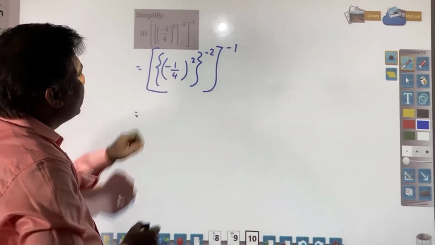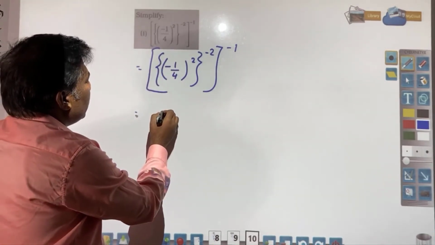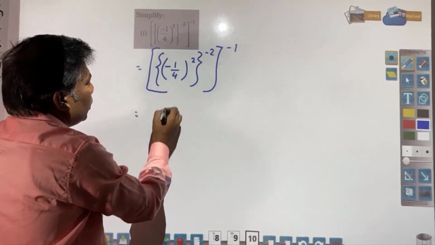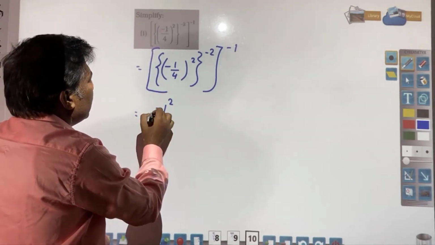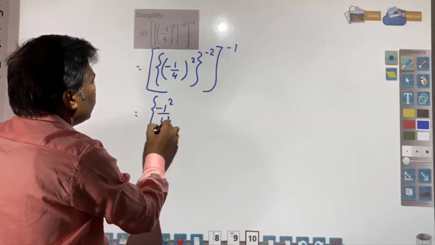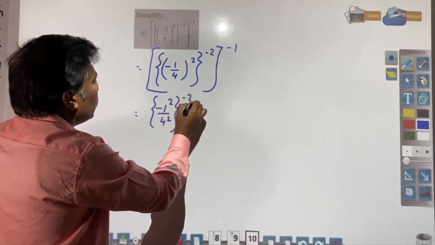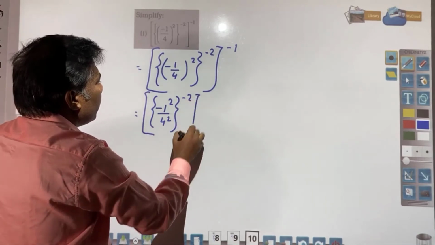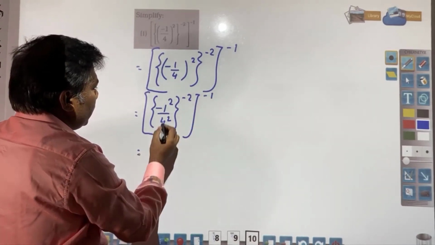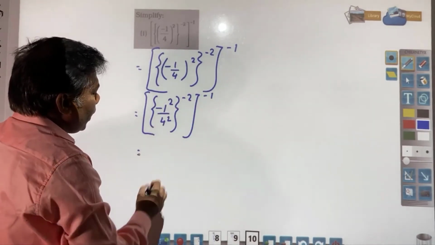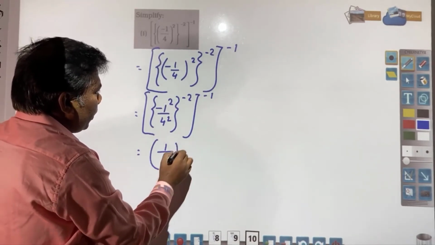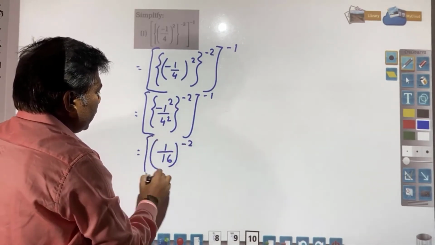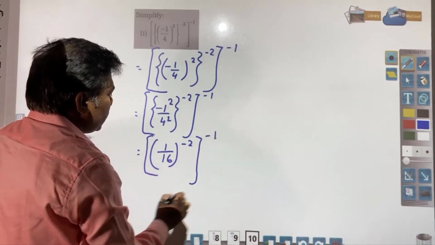So this will be minus 1 square by 4 square, and then you have to the power minus 2 and to the power minus 1. So minus 1 square means 1, 4 4s are 16, and to the power minus 2, and then you have to the power minus 1.